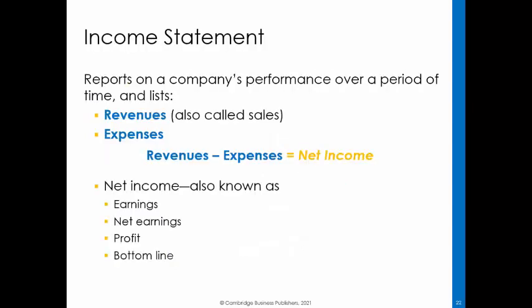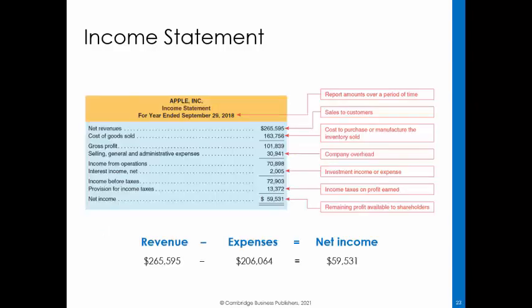An income statement reports on a company's performance over a period of time and lists amounts for its top line revenues, also called sales, and its expenses. Revenues less expenses equals the bottom line, net income, also called profit or earnings. Apple is typical of companies that sell products.